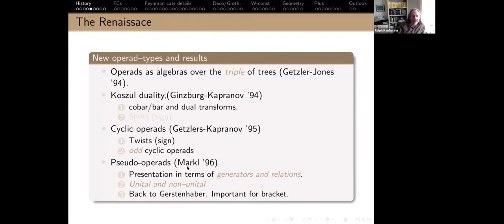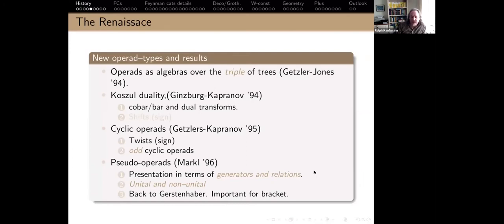Then another thing which I find extremely useful was Markl's pseudo-operads. This goes back to Gerstenhaber '63, just the substitutions one by one instead of having multi-substitutions. This is important for the bracket. So you get back Gerstenhaber's bracket from this type of operad presentation. And for me, this will be a presentation by generators and relations.